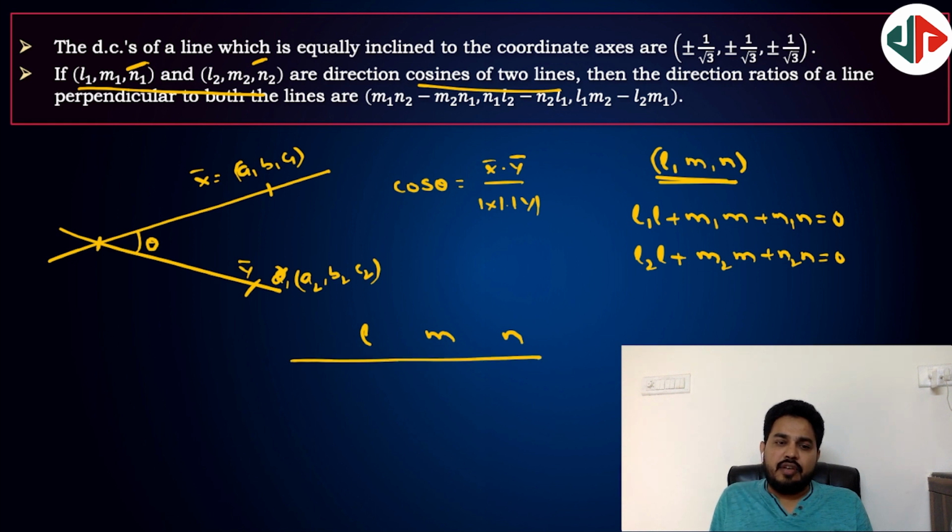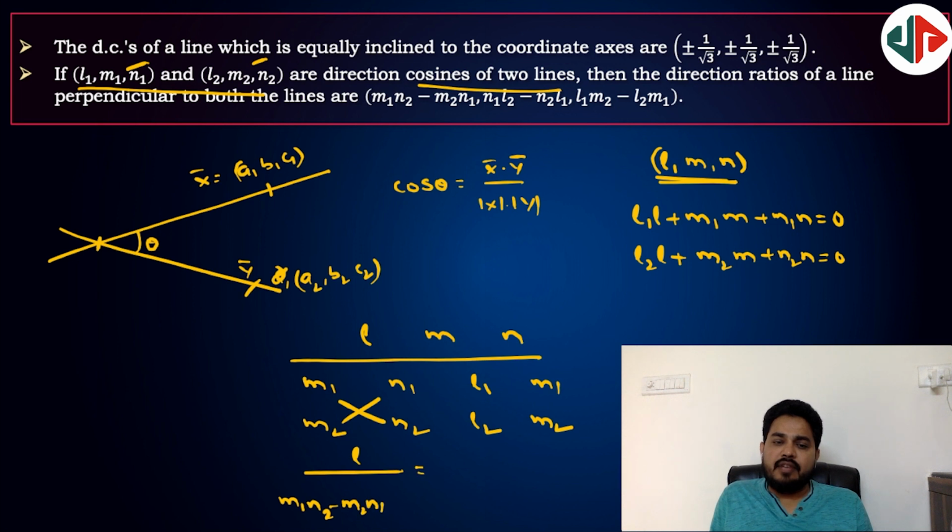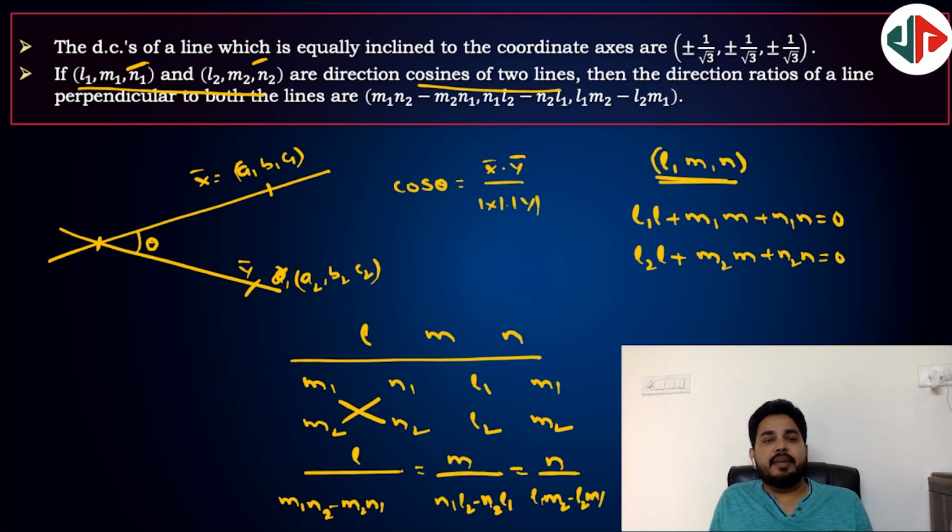You can go ahead with M1 N1 L1 M1, M2 N2 L2 M2. So L by ratio: this minus this, M1 N2 minus M2 N1, is equal to M by N1 L2 minus N2 L1, is equal to N by L1 M2 minus L2 M1. Right.